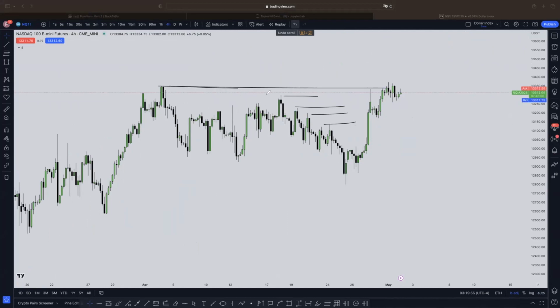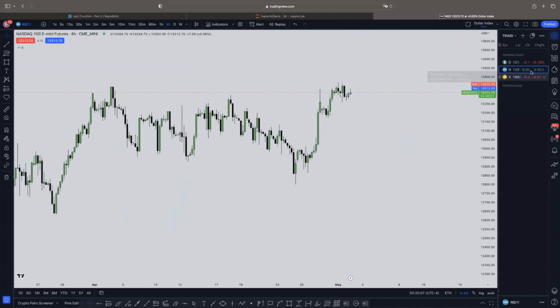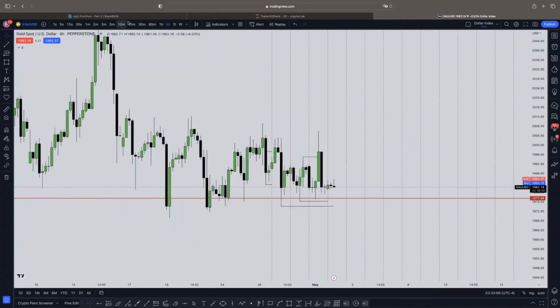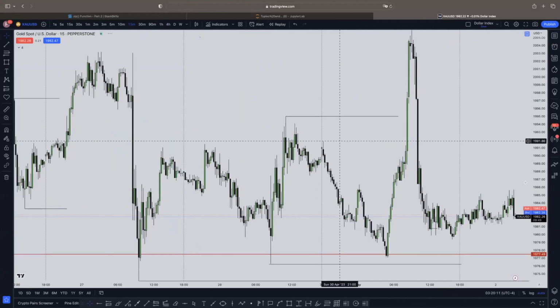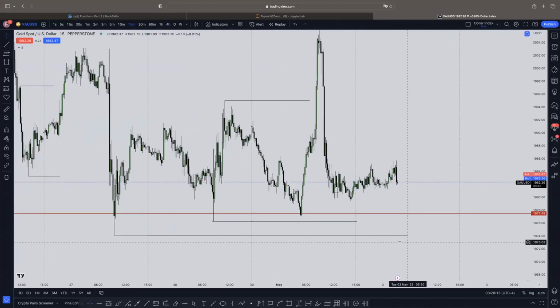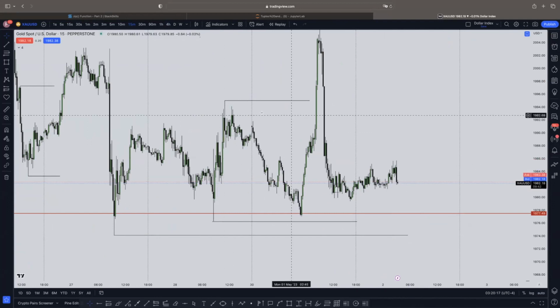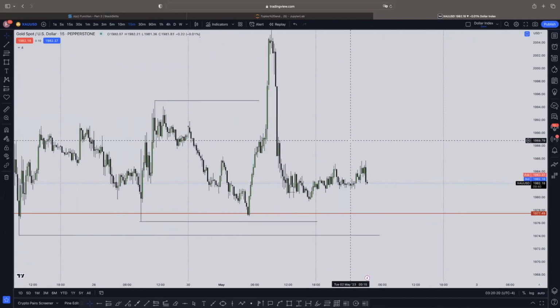Stacked, stacked, stacked. Price is going to attack all of it. So what does that mean for gold? It means it can run up one more time. Maybe it will run up one more time and then only smash these lows. Only time will tell. I may include this in the review video today for a breaker.